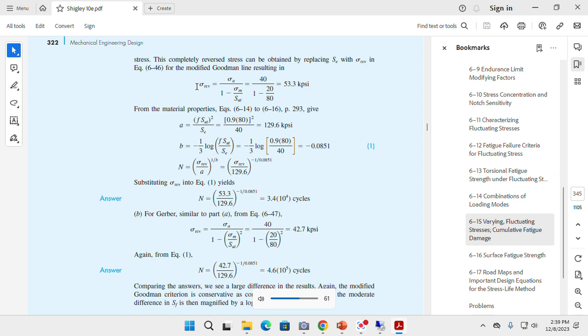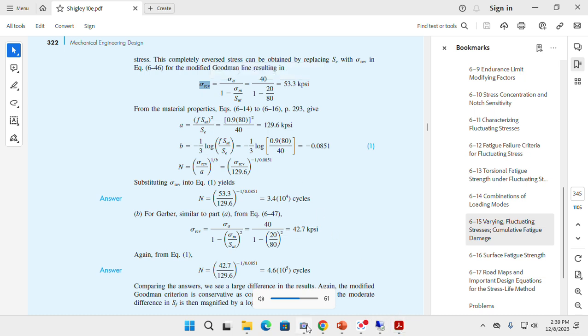What they're describing, once again, is a graphical approach: plot a spot on the alternating and mid-range stress diagram, and then a line starting from the ultimate strength, passing through that point and intersecting with the y-axis, which defines a new stress.